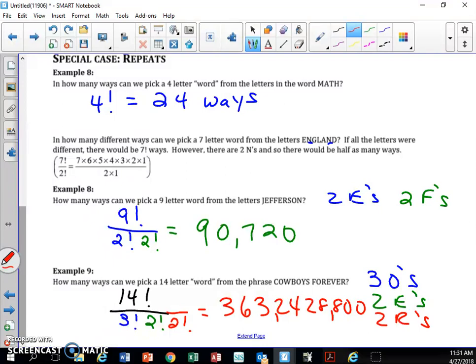Okay, so that's the number of ways we can arrange a 14-letter word from the letters in Cowboys Forever. So remember, the numerator is however many letters you have, divided by, if there are letters that repeat, that count factorial.